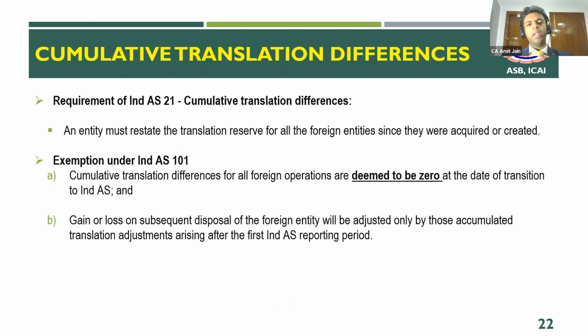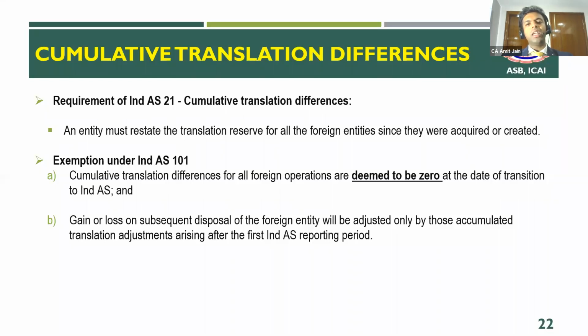So the exemption has been given. The company can transfer whatever balance lies in the cumulative translation difference to retained earnings. That means the company can set the CTA, cumulative translation difference account, to zero. The company can set this account to zero and transfer all the numbers to retained earnings, right?